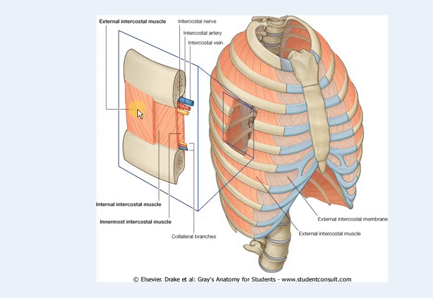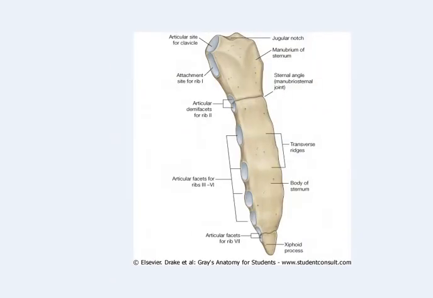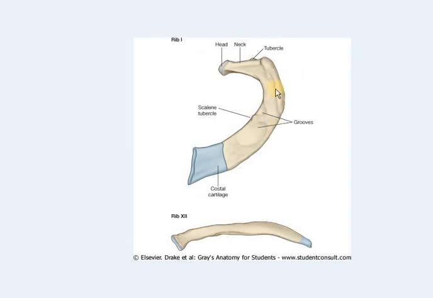This external intercostal muscle extends from the tubercle of the rib. We have already discussed the tubercle of the rib. Here in this diagram you can see the tubercle of the rib. This one is the tubercle of the first rib.